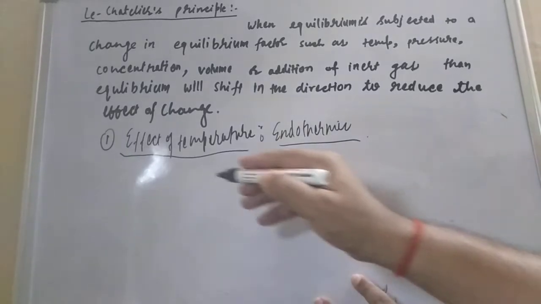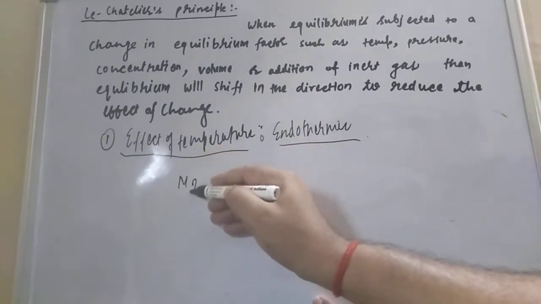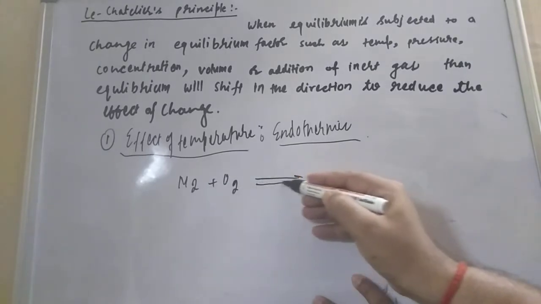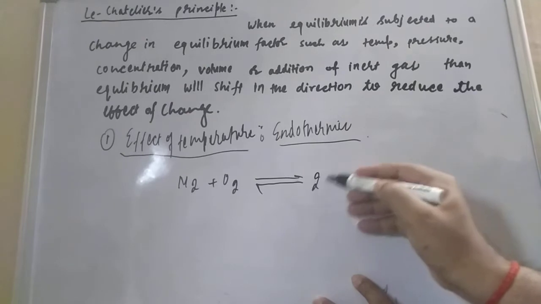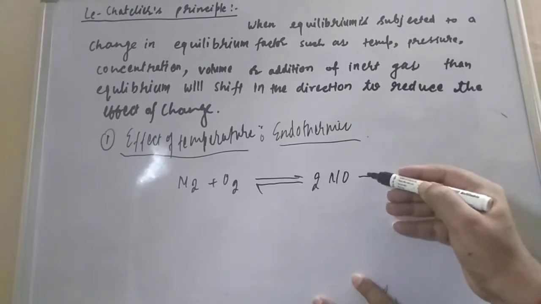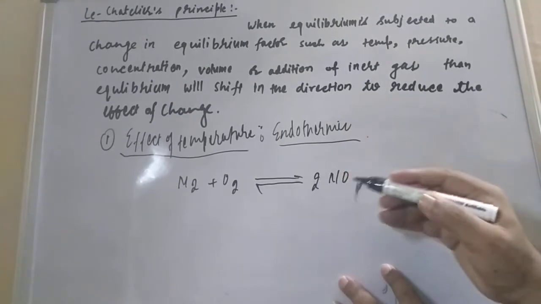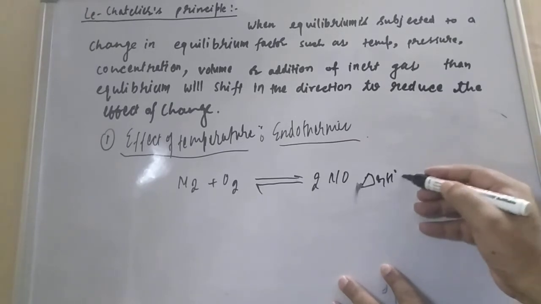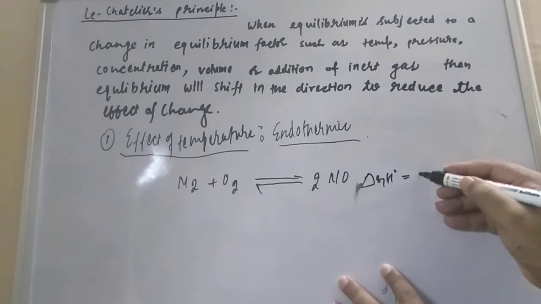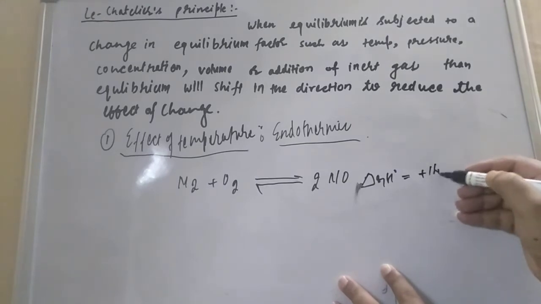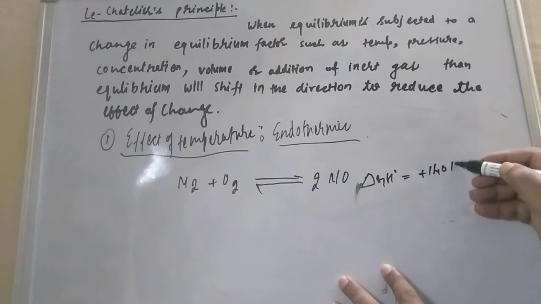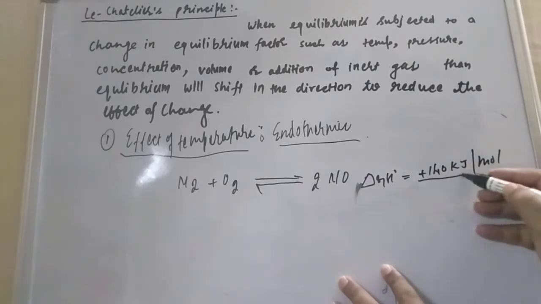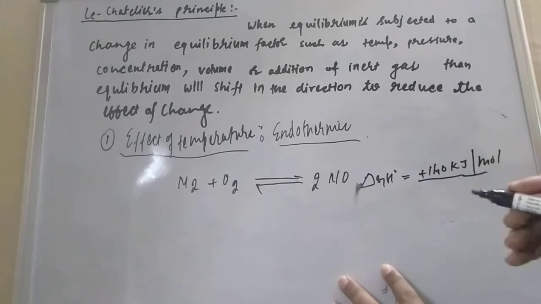The example is N2 plus O2, in equilibrium, meaning a reversible process, giving 2NO. Along with that, what is the energy? The standard enthalpy, delta rH, is plus 140 kilojoule per mole. This much energy is required.